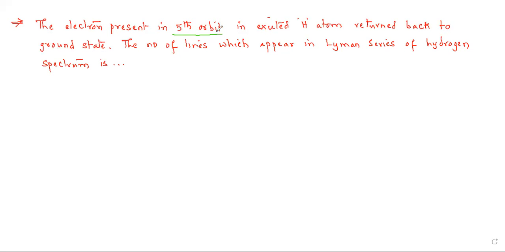Okay. Electrons are present in fifth orbit. Now they return to ground state. So you can calculate the total number of spectral lines, but they're not asking the total number of spectral lines. They are asking only the spectral lines formed in Lyman series.